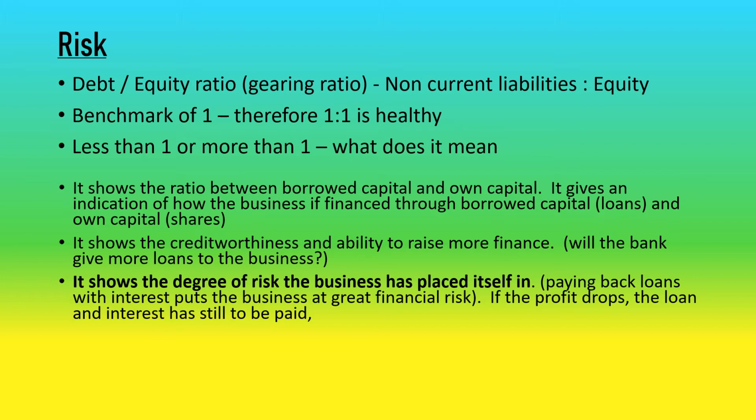So for example, a company that already has a lot of loan and wants another loan from the bank would either give the bank a security, say a form of land or something, in exchange to ensure that they will be able to comply in paying these liabilities. However, for school purposes, you just need to know that 1:1 is a healthy ratio, and the debt and equity ratio is calculating how much debt and how much equity you have.